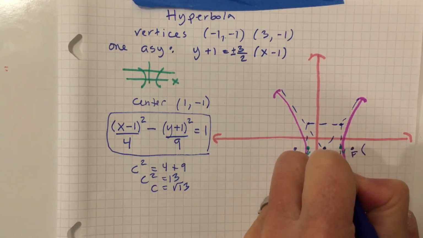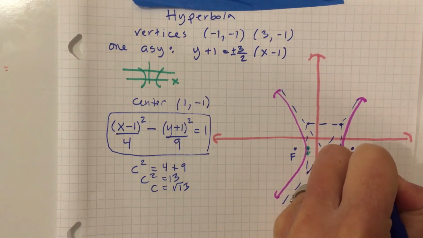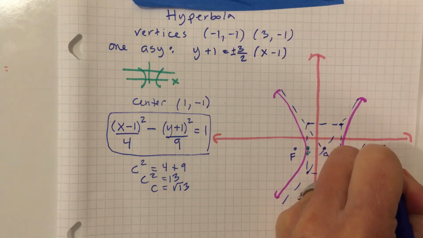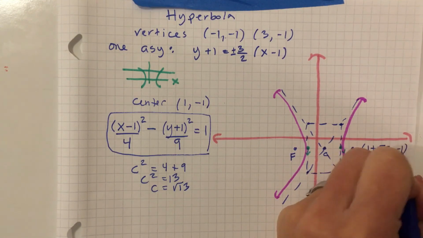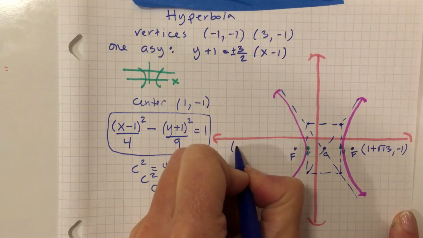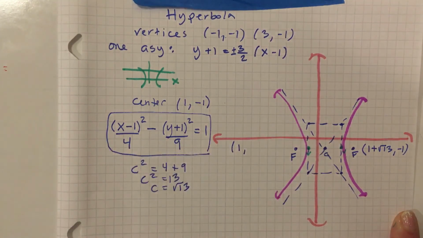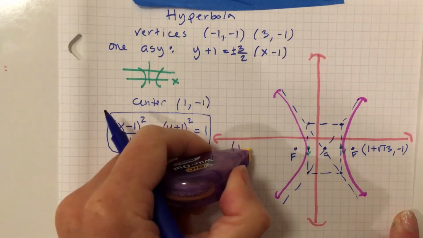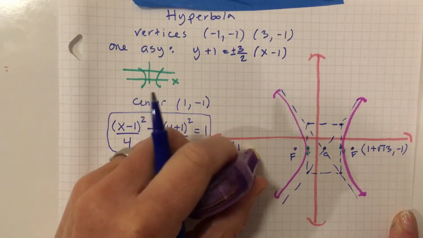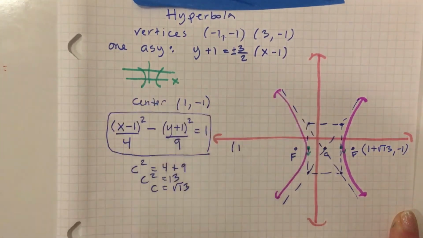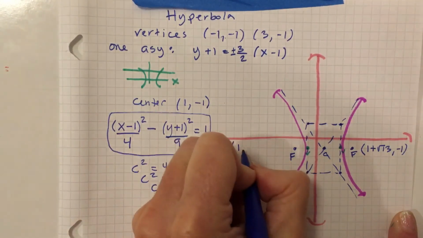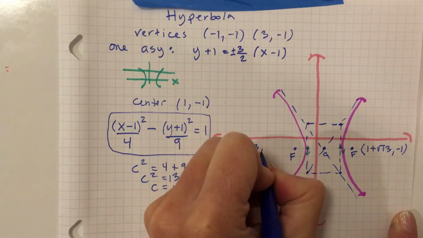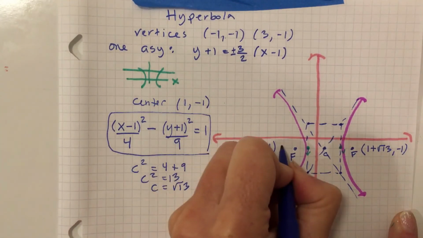So from the center, which is at 1, you're going to add root 13 and go down 1. Here from the center, which is at 1, you're going to go over, definitely using this tape today. 1 minus root 13, comma, minus 1. So that's the foci.